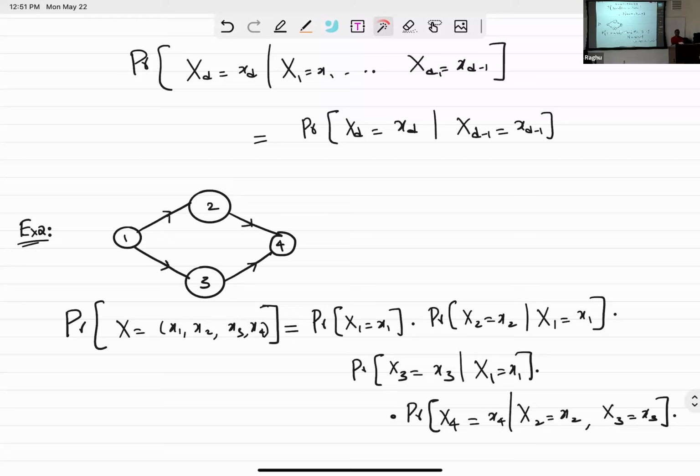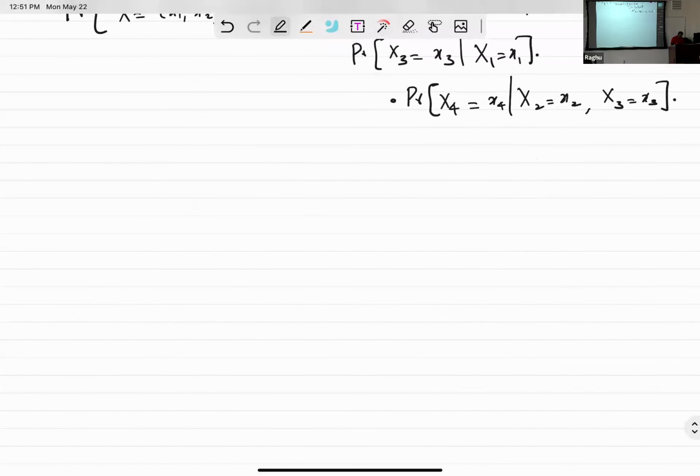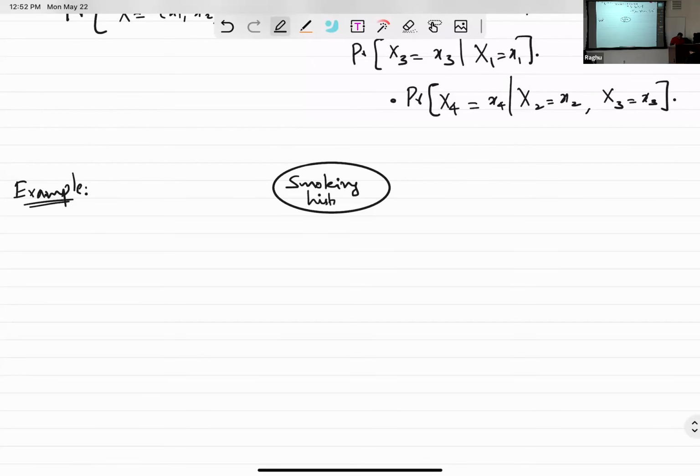Any questions about this formulation? Maybe as an example, let's say if you have smoking history, that's one kind of variable you could keep track of.